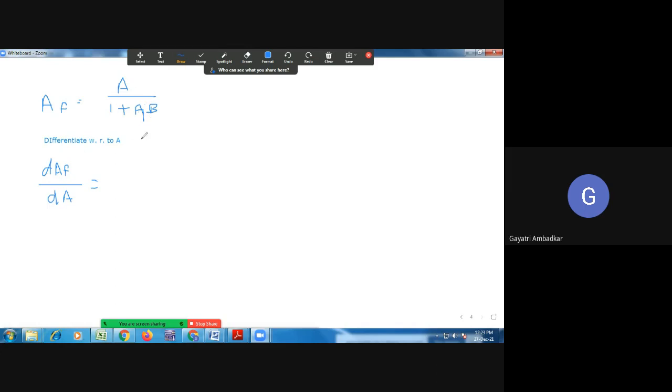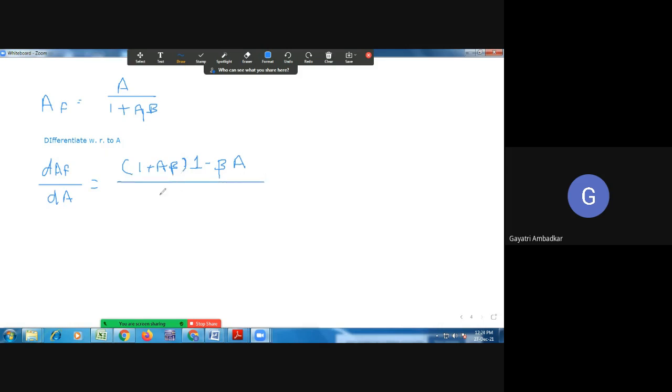So it will be 1 plus A beta, this U by V rule I will apply. So it will be 1 plus A beta, that is your denominator, and derivative of numerator. So that will be 1. This is A. So that will be 1 minus derivative of this will be beta into numerator. U by V rule is applied here.